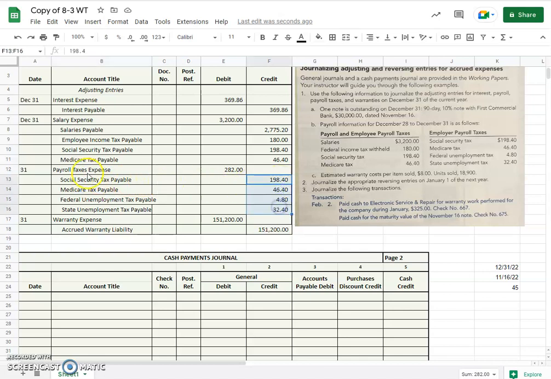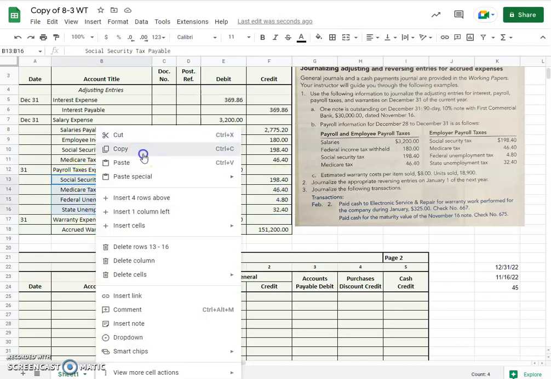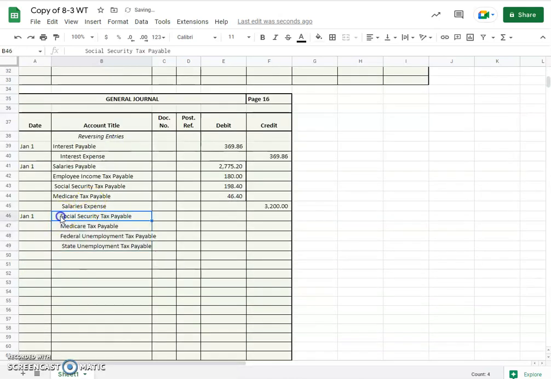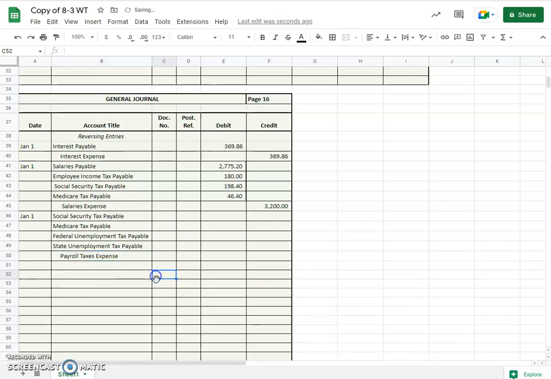All of these, right? So we'll copy these names. We'll paste them down here, but they were credits before, so they were indented. We'll just put them in as debits now. And for the credit will be payroll taxes expense.